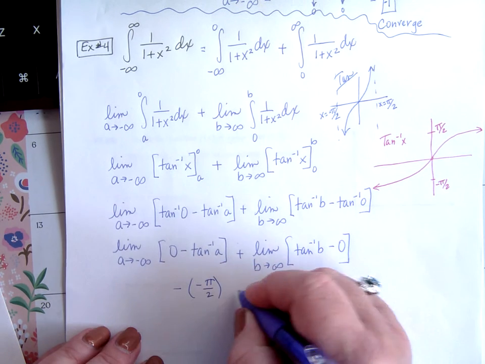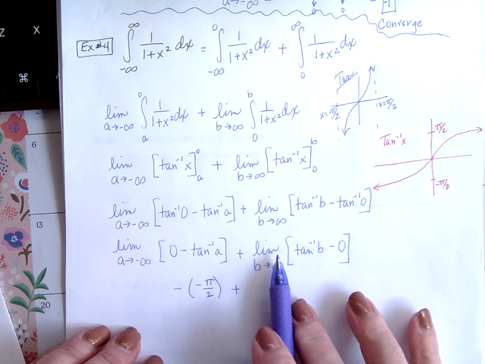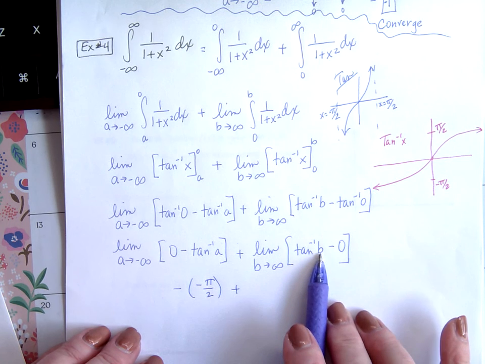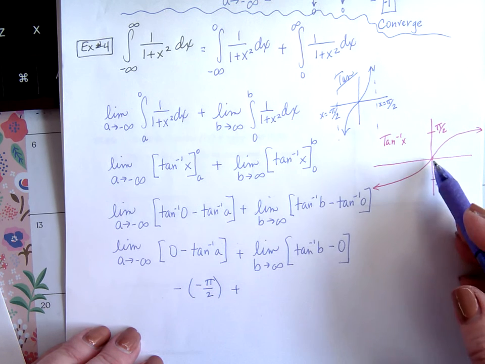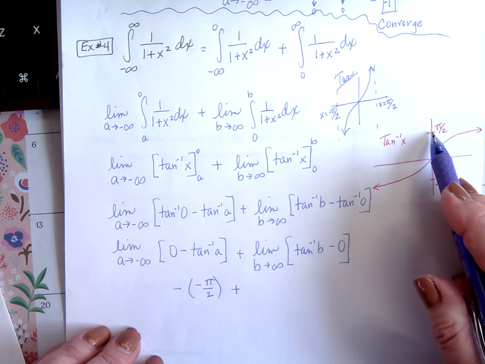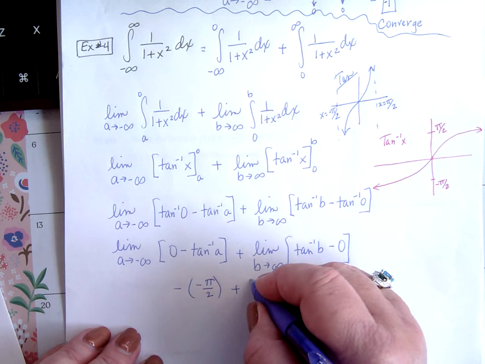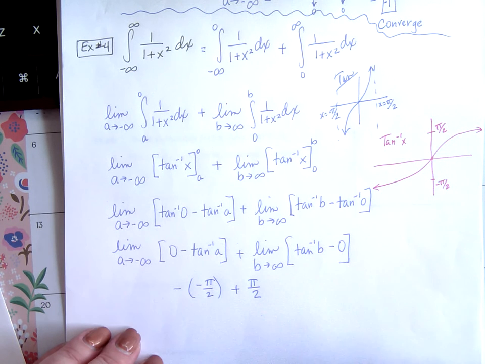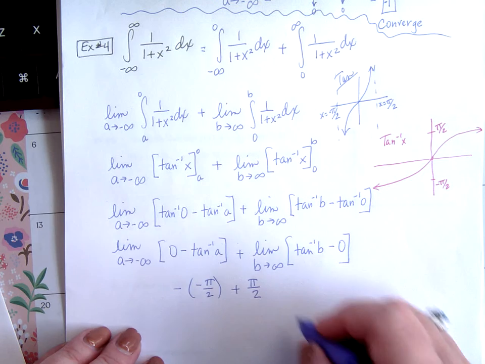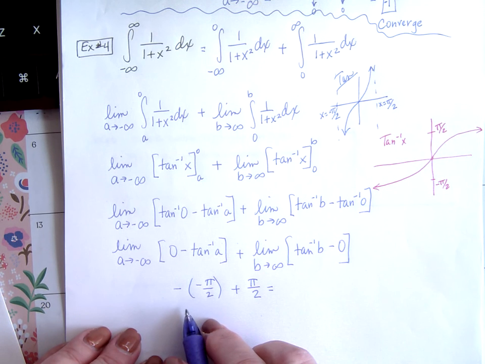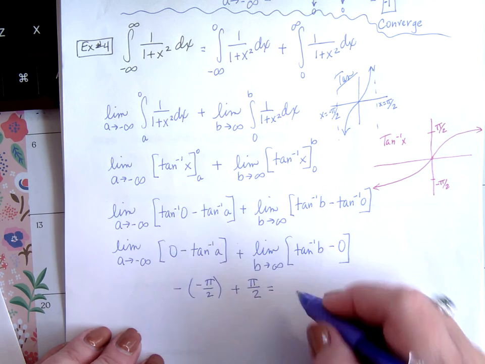Plus tangent to the -1 of b. Now I'm putting in infinity. If I go far to the right, towards infinity, my graph's getting closer to pi/2. And so when I subtract a negative pi/2, it's a positive pi/2. Pi/2 plus another pi/2 gives me pi as my final answer for that one.